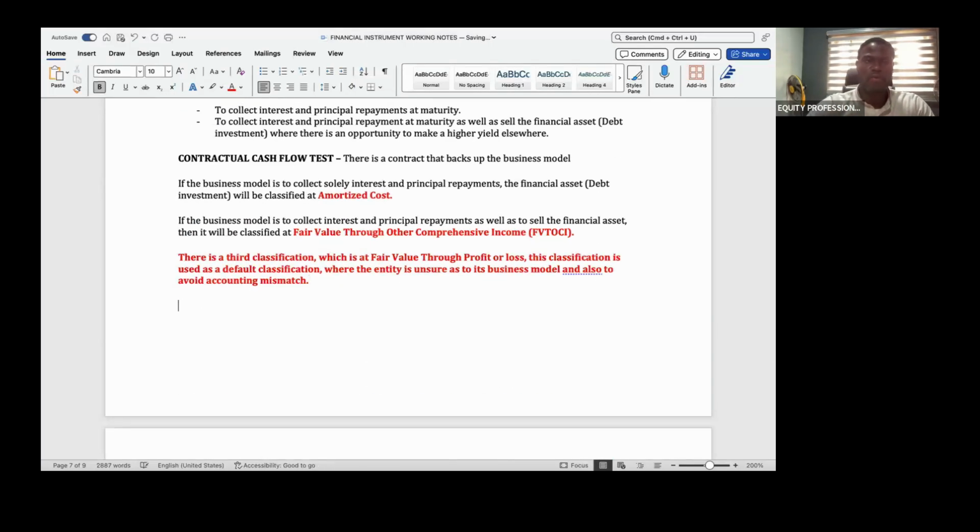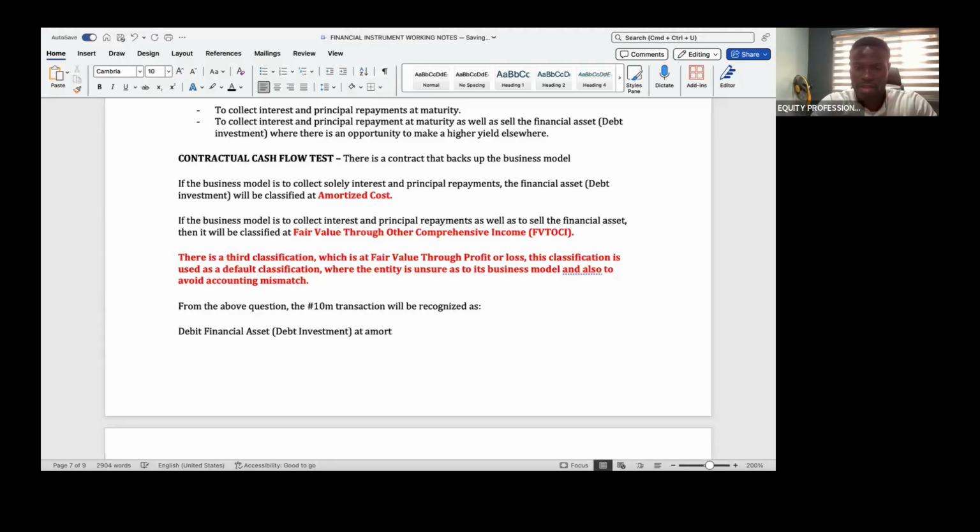From the above question, the 10 million transaction price will be recognized as, so that means we're going to debit financial asset, in this case, debt investments, at amortized cost, 10 million.